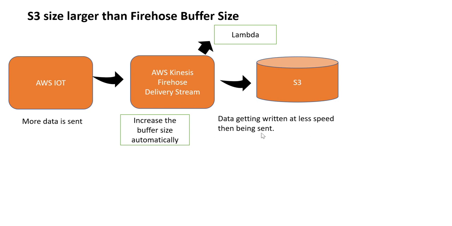So Firehose increases the buffer size automatically. So that's why, when more data comes in, you see a larger file size, but the buffer size parameter that was set is smaller than the file size.